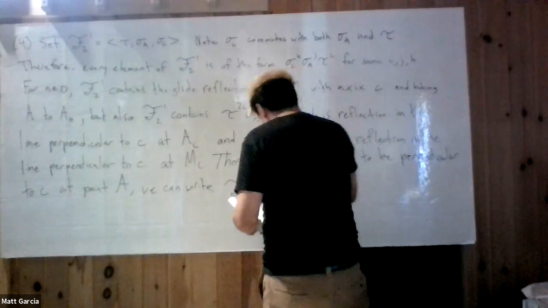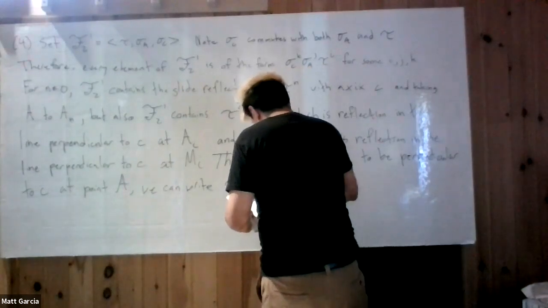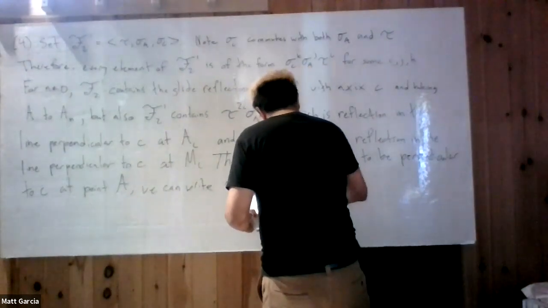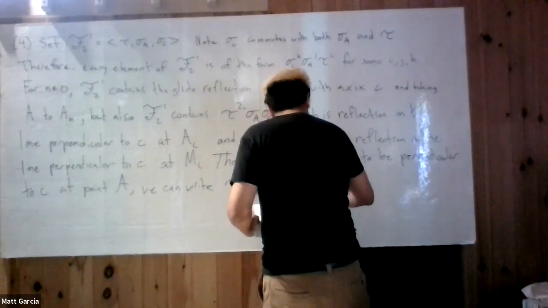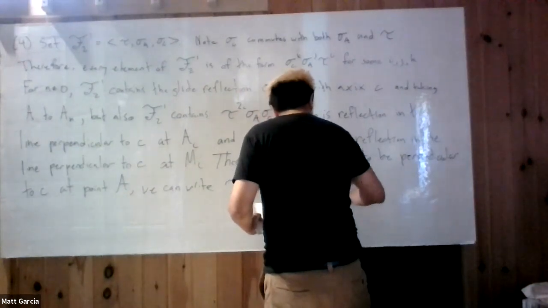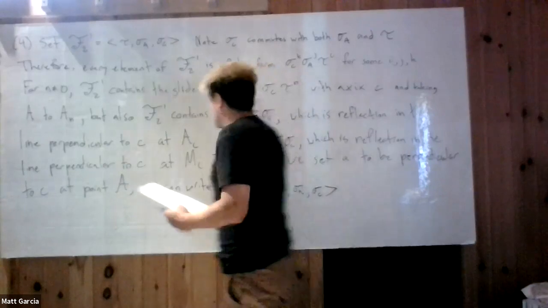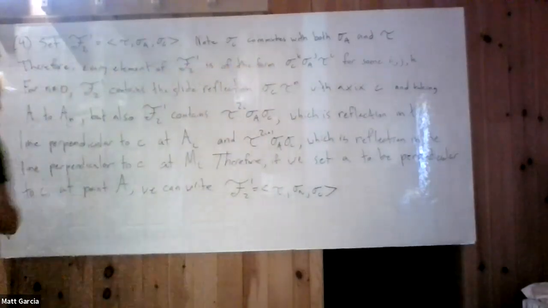F21 is generated by tau, sigma a, that is sigma little a, and sigma C. Okay.